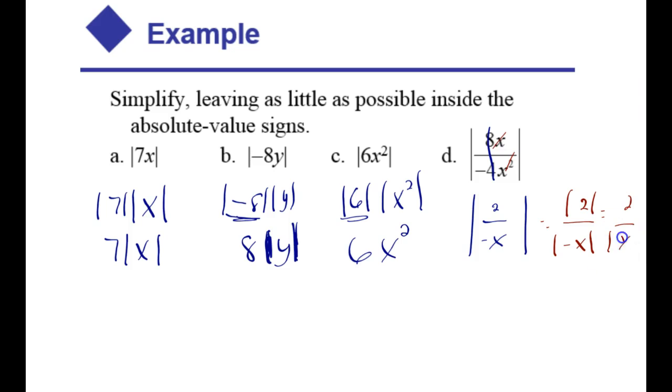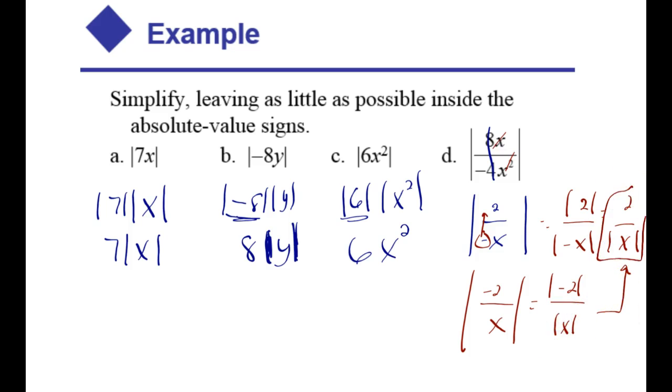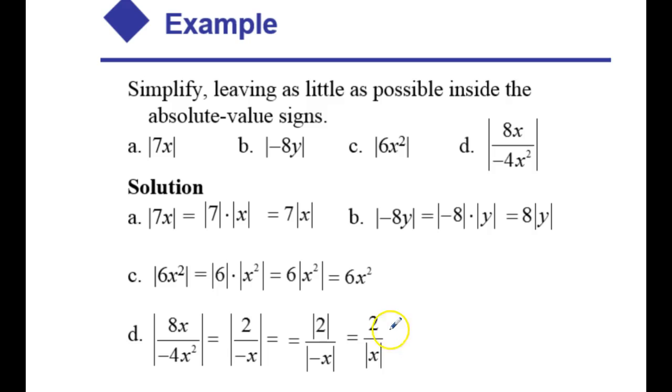So I'll leave this. There's a couple other ways you could have worked through this. This negative sign certainly could have gone to the numerator, and you could have said negative 2 divided by x. This gives you the same answer, because the absolute value of negative 2 divided by the absolute value of x still gives me 2 over the absolute value of x. Again, it's not being squared, so I'll leave the absolute value sign.